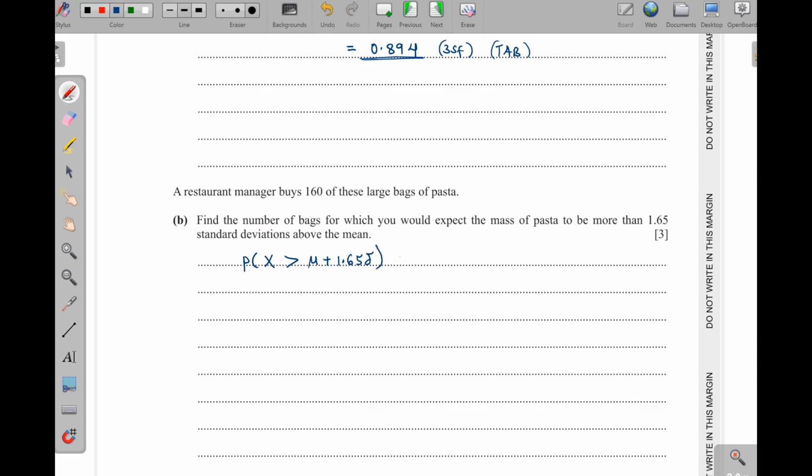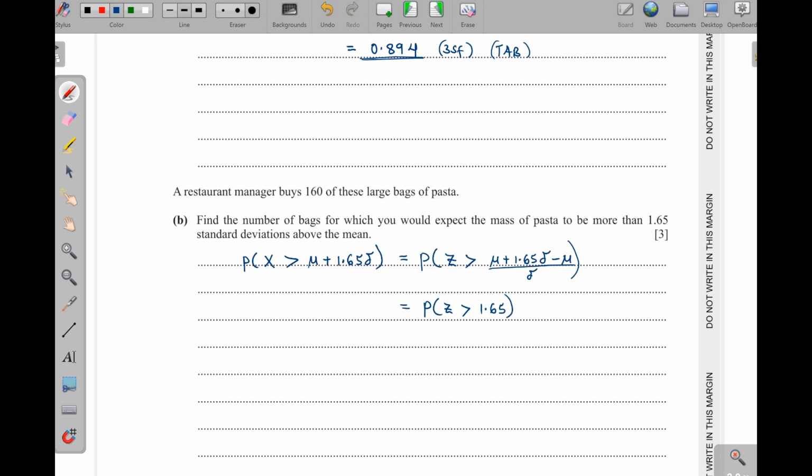Then this is going to be the probability of Z. We standardize this, it is going to be greater than this one here plus the 1.65 standard deviations. Remember, you are supposed to subtract the mean, then divide by the standard deviation. So you can see this one disappears, and this one will also disappear with this one at the end. So you get 1.65, not so? So we shall have Z greater than 1.65.